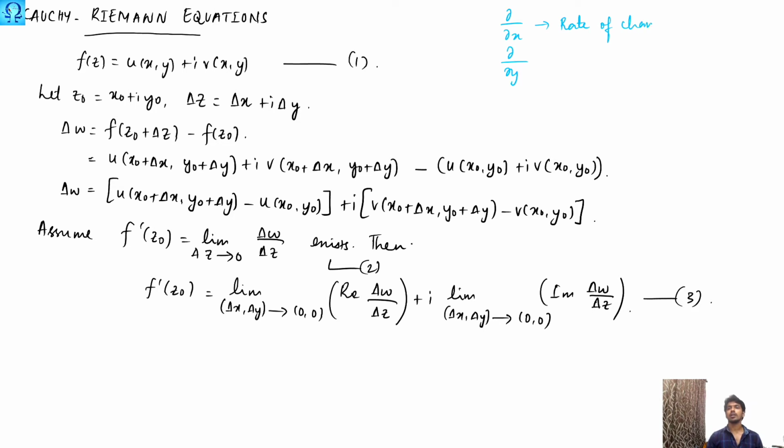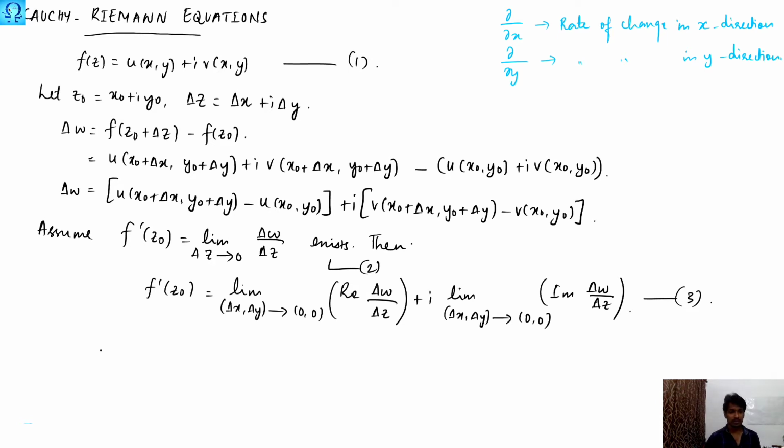Rate of change in x direction is what we say del upon del x, that is the partial derivative with respect to x. Similarly, this is rate of change in y direction. Now proceeding further.